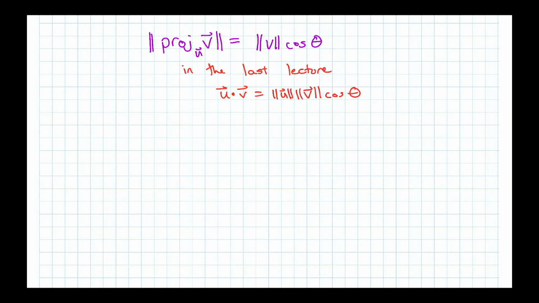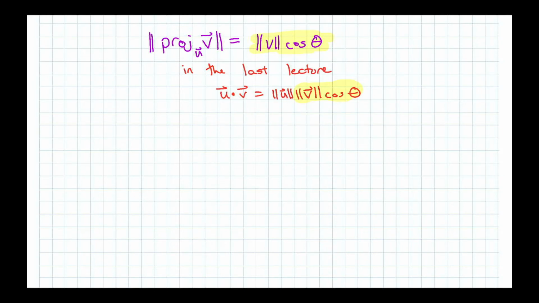What you can see here is that magnitude v cosine theta is actually right here. So if you want to solve for magnitude v cosine theta, you just have to take this magnitude u and move it over to the other side.